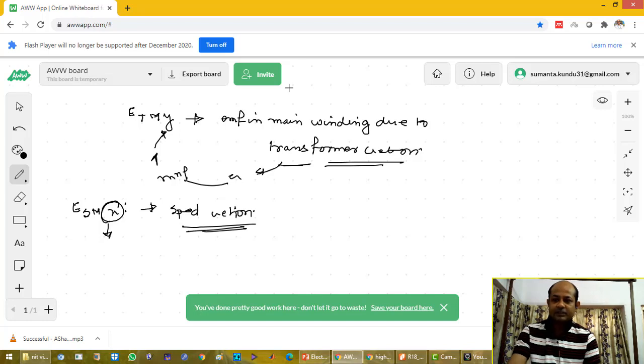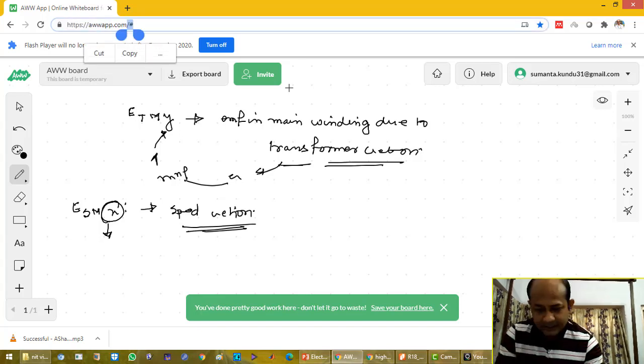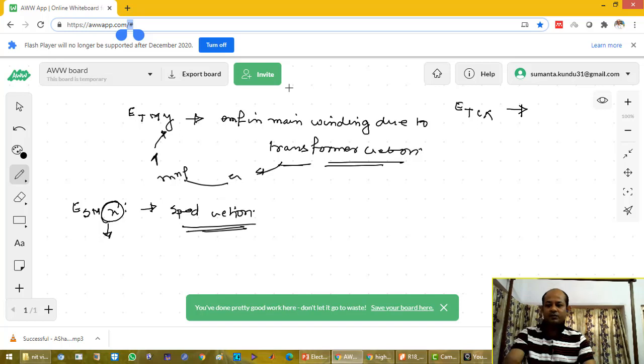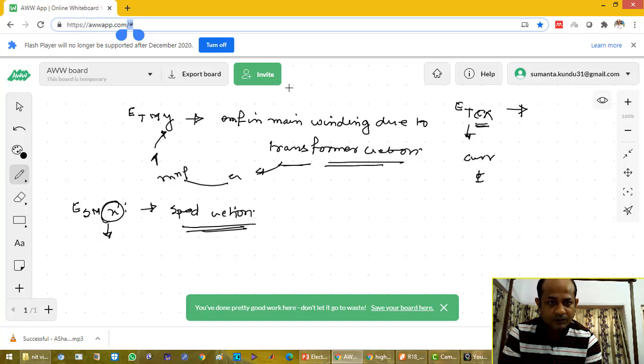So this is ESMX. Now there are two other terms we should know. One is ETCX, the induced voltage due to transformer action in the rotor bars in the cross field axis, which produces current responsible for the flux in the cross field axis, C or X axis.